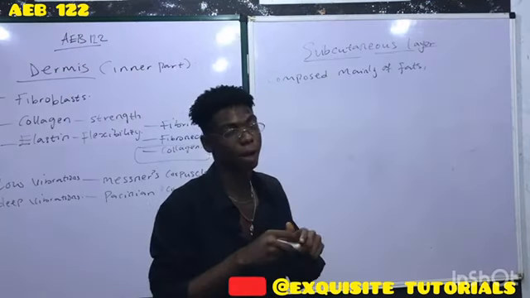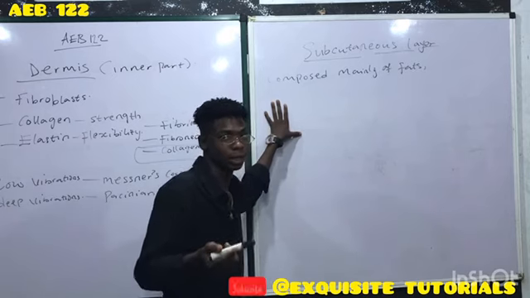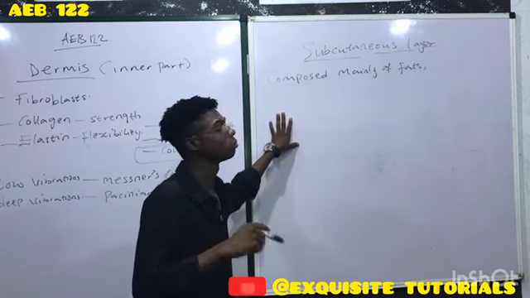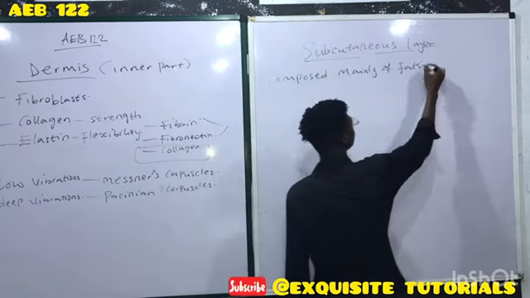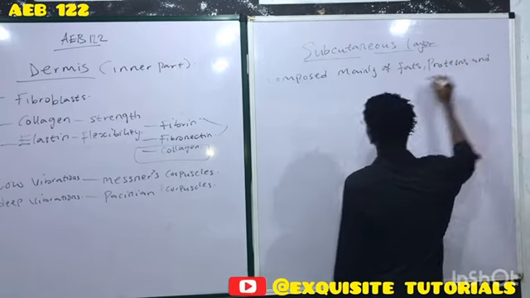Most of our body fats are stored in the subcutaneous layer. There are some other things in it. I think we have some connective tissues there, then some proteins are also in the subcutaneous layer. Okay, let me add proteins and connective tissues.